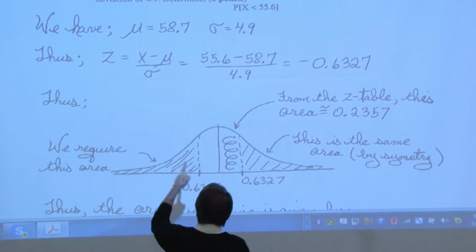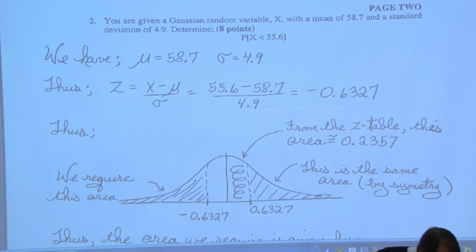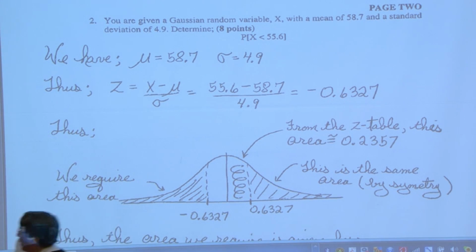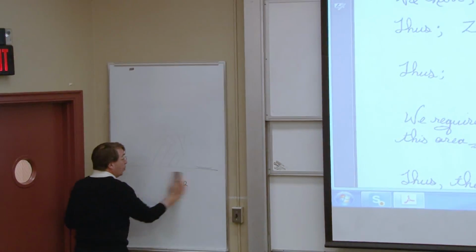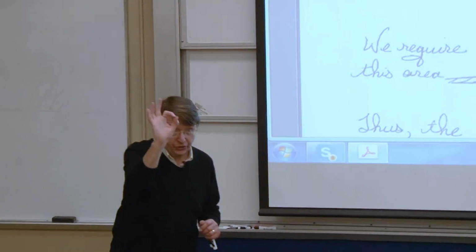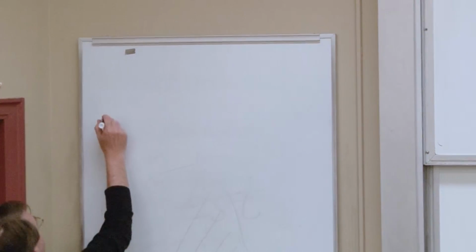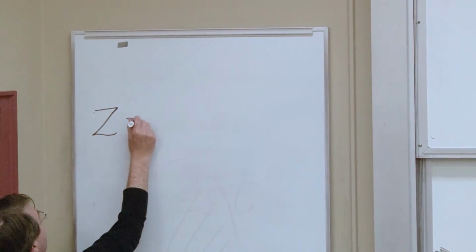Okay? So that means what we have to do, and it's written there, and let me come over here. Since the tables we're about to use are for a Gaussian variable with a 0 mean and a standard deviation of 1, we have to do this change of variable. So we're going to call it the z variable.